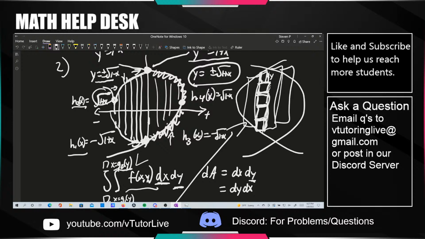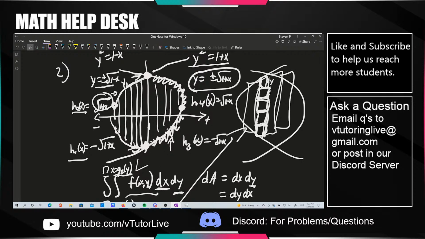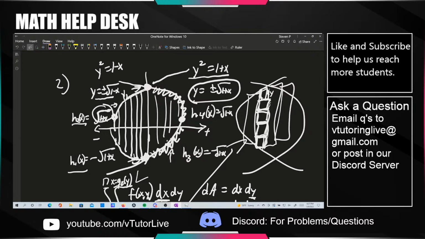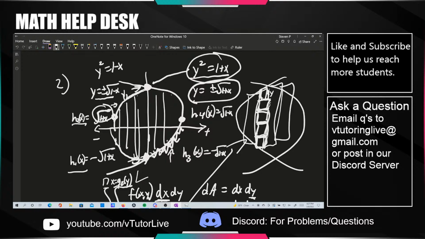It uses this plus or minus square root of 1 minus x, whichever one it is. The point is, the information over here uses this equation, whereas the bounds over here use that equation. And that's why you've got to split them apart separately.